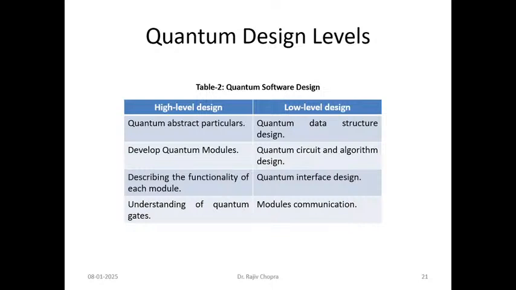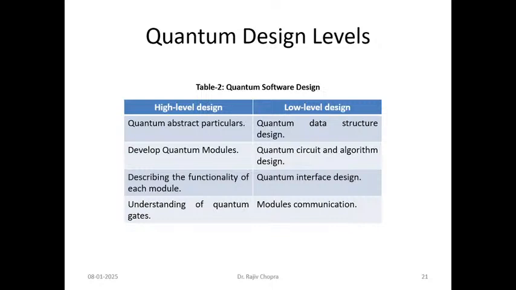Then similarly for design, if you see, there are quantum design levels. It can be high level design, like quantum abstract particulars, developing quantum modules, describing the functionality of each module, understanding of quantum gates. Low level design means coming back to the quantum data structures, quantum circuit and algorithm design, quantum interface design, modules communication.